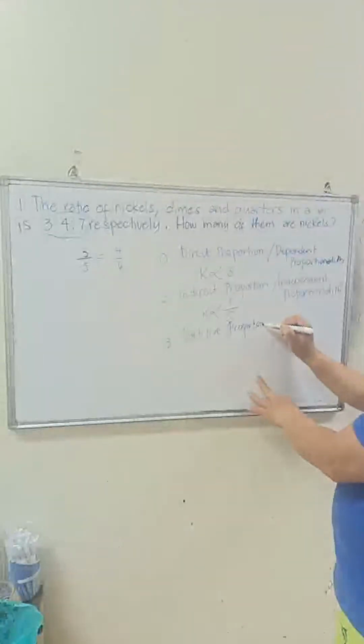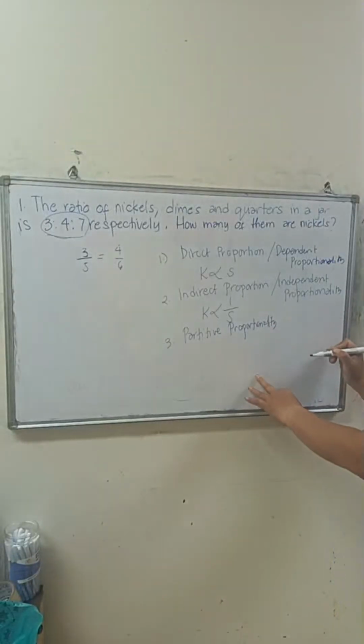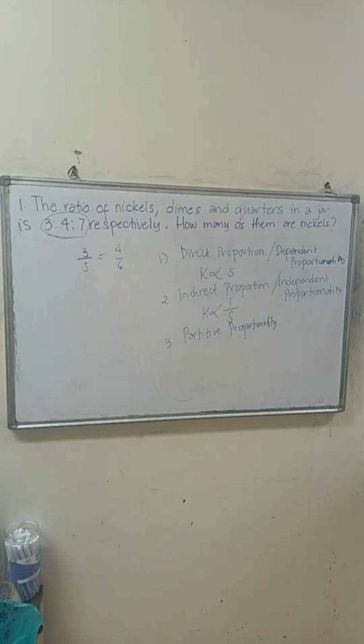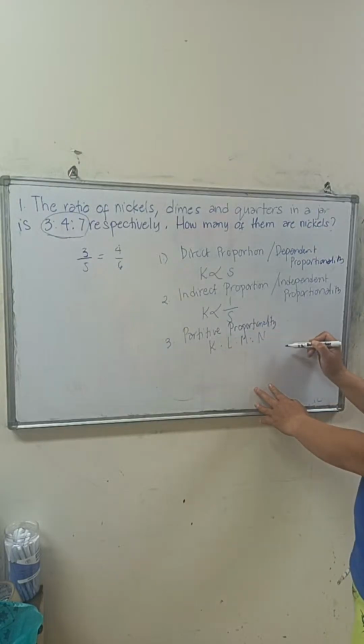The point, these are proportionalities. These are multiples of ratio and proportion combined. For example, K is to L is to M is to N. Get the point?